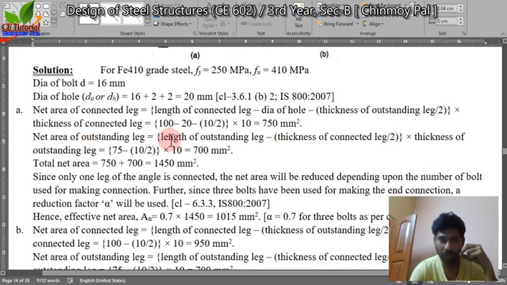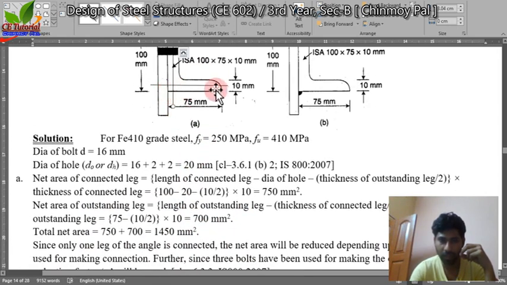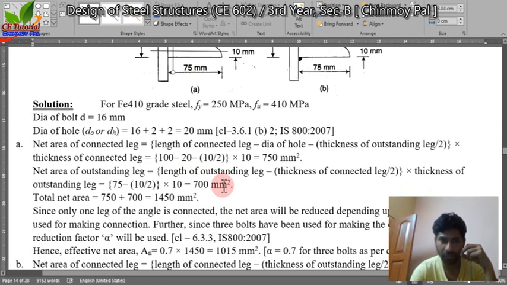Net area of outstanding leg, same: length of the outstanding leg minus thickness of the connected leg by 2, that means up to this point, exactly the midpoint of these two center lines, into thickness of the outstanding leg, that means 10. 75 minus this 5, 10 by 2, into 10, so 700 millimeter square.